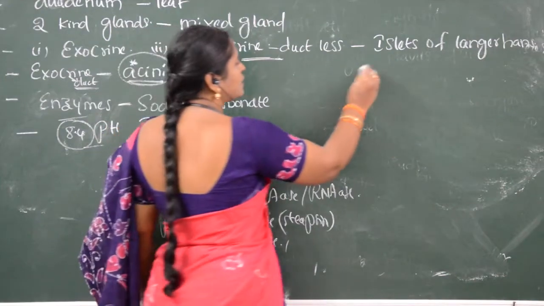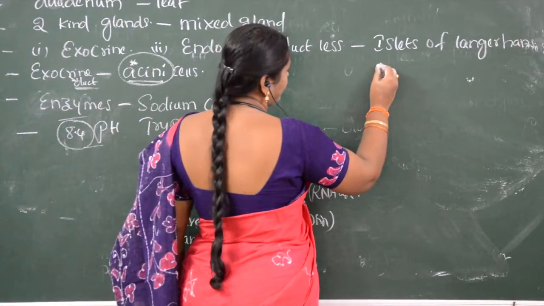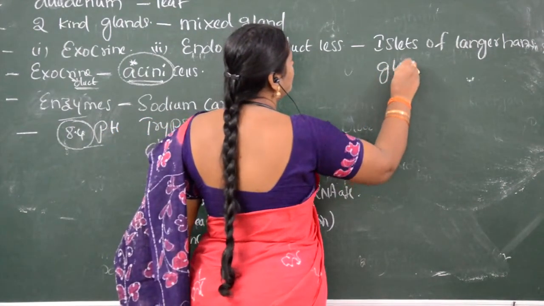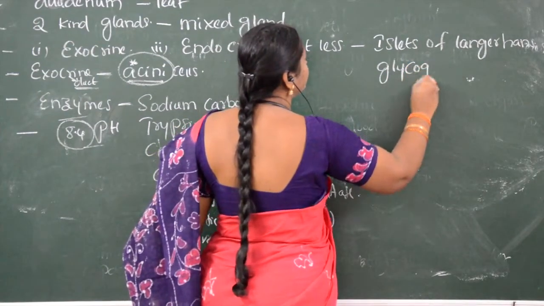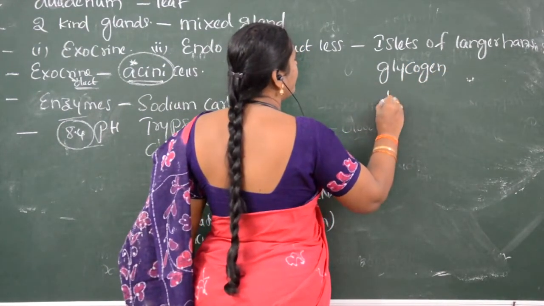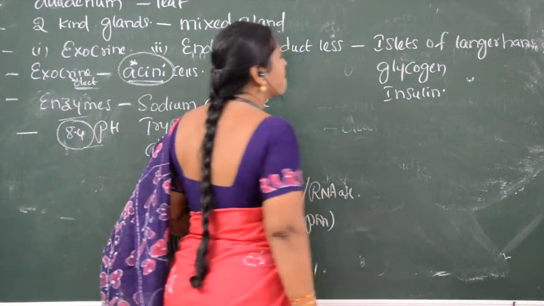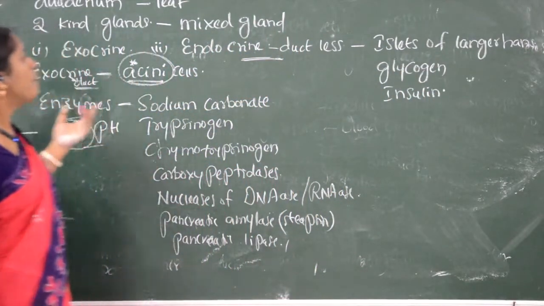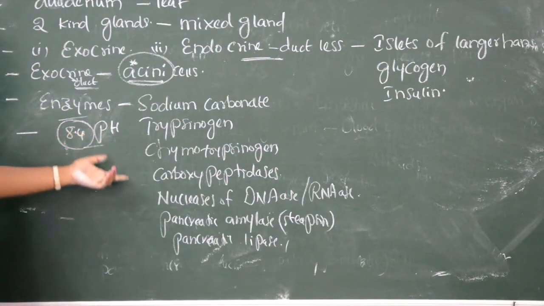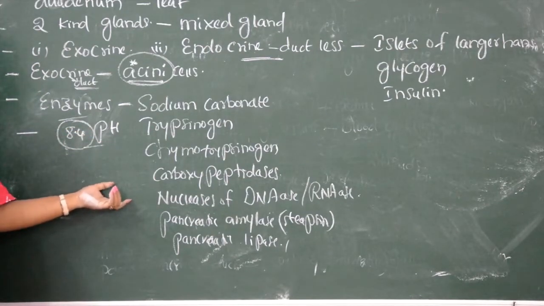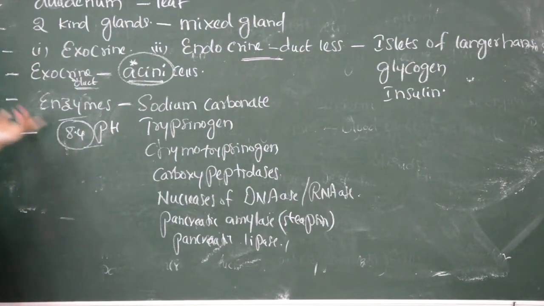This islets of Langerhans secretes glucagon and insulin. So this is about the pancreas. What is the function of these enzymes? All this we will see in the process of digestion.